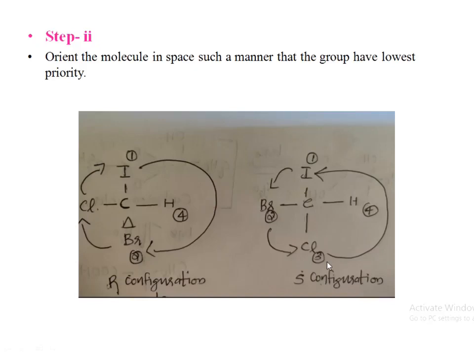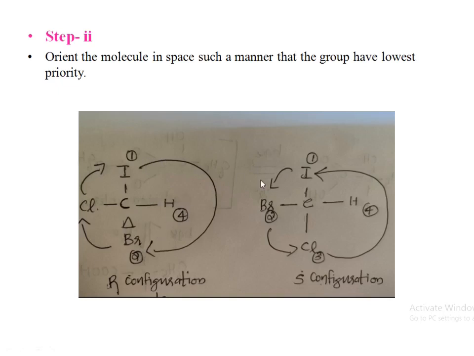Next is step 2. In step 2, we orient the molecule in space so that the group of lowest priority is directed away from the observer. And these are the examples. If the molecule rotates clockwise, then it is R configuration.